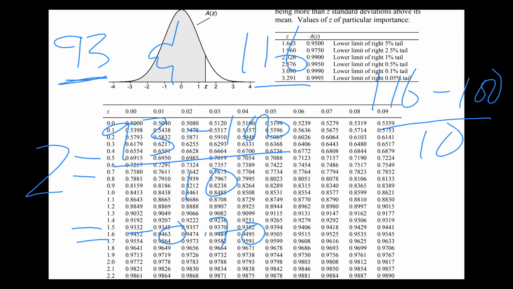What do you get? 1.6. Okay. Is that clear? Clear, sir.